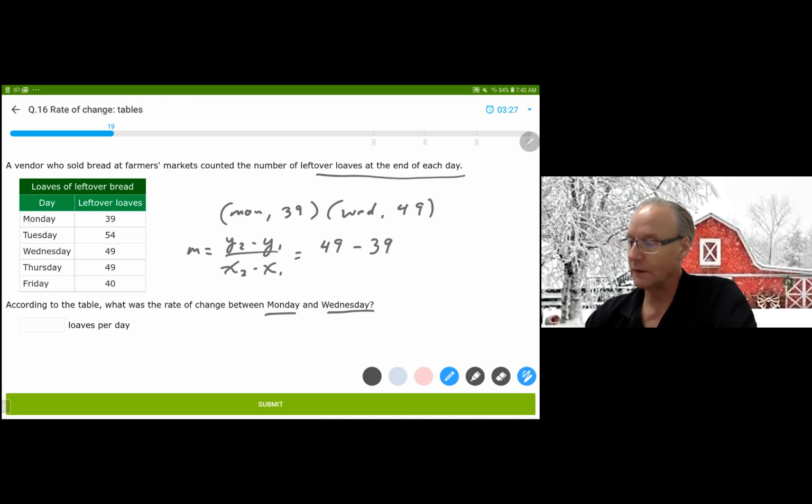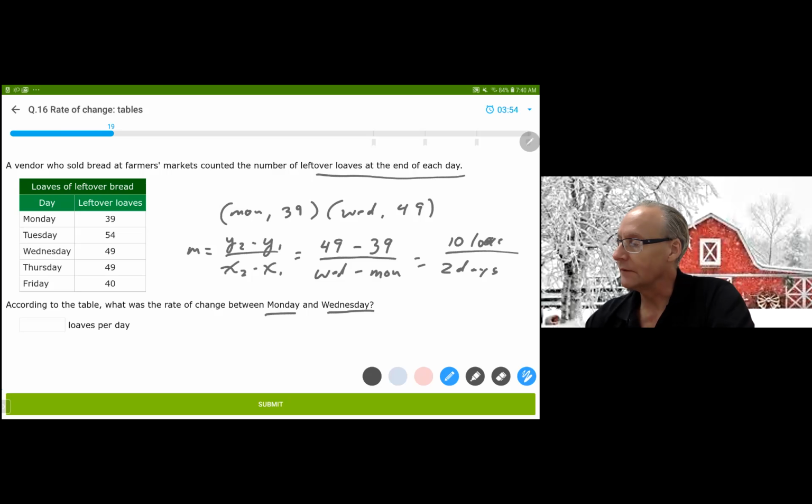Now this represents loaves that are changing. And the days are Wednesday minus Monday. Well, wait a minute. Wednesday minus Monday means that 2 days have gone by. And 49 minus 39 is 10 loaves. Sorry, not loaves, loaves. God, I can't spell today.